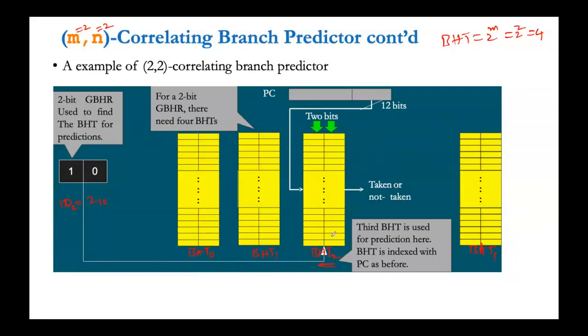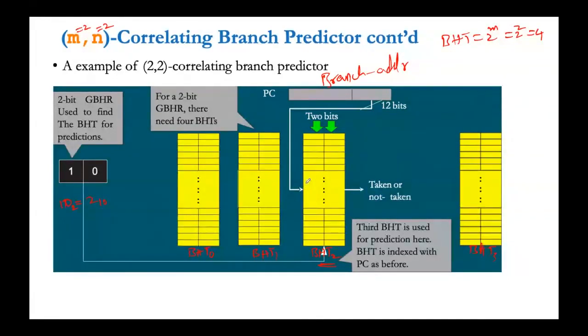Once branch history table 2 is selected, then as usual, to locate the branch within that table, the branch address in the program counter is mapped: take the lower 12 bits, which give the location of your branch in this branch history table.